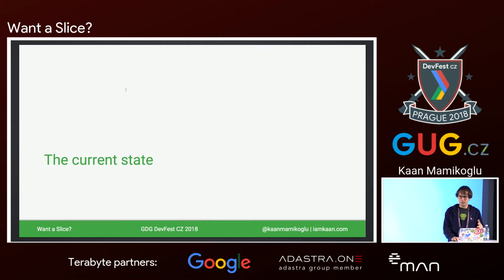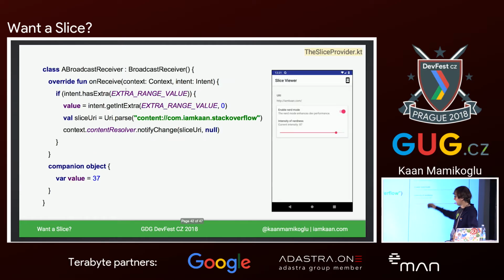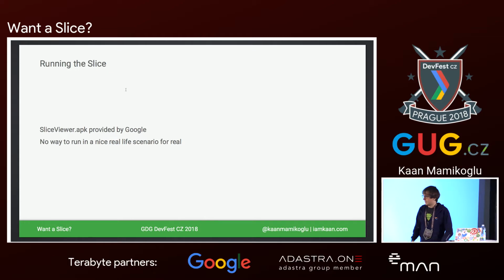So what is the current state? This viewer is not really user-friendly. Nobody actually has it except for a few developers. That viewer is created by Google. It's literally a GitHub release on a Google repository.